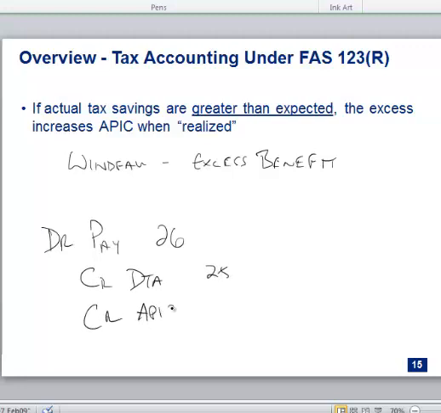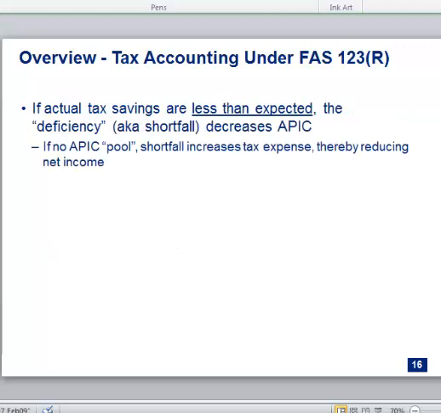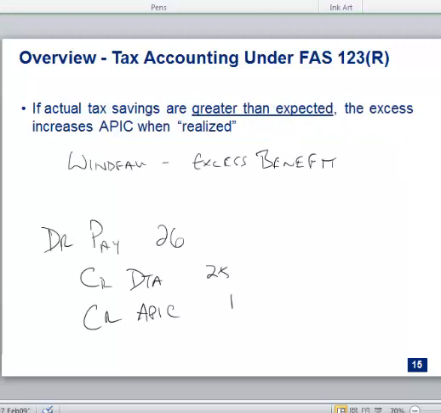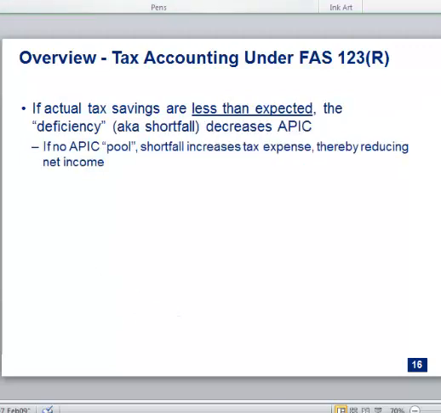And we're going to credit APIC for 1. These are for RSAs, RSUs, and NSOs.